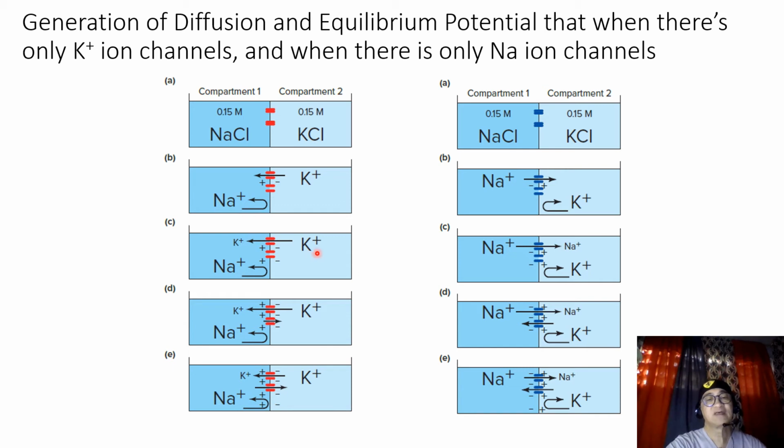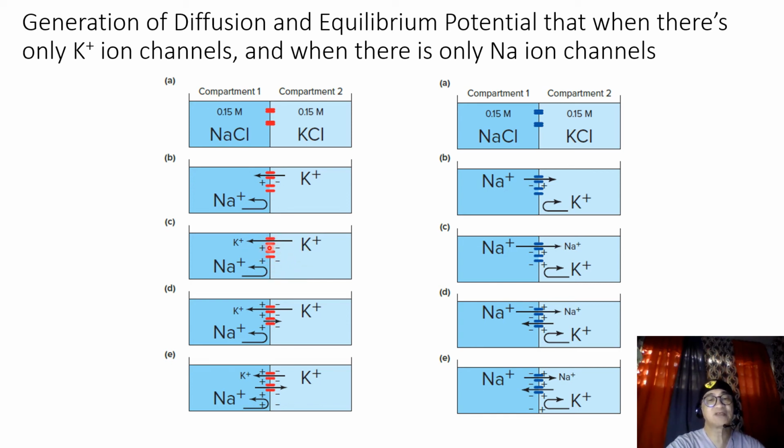But as potassium diffuses along its concentration gradient from compartment 2 to compartment 1, it contributes to the positive charge across the compartments, making compartment 1 more positively charged than compartment 2 as more potassium leaves compartment 2.